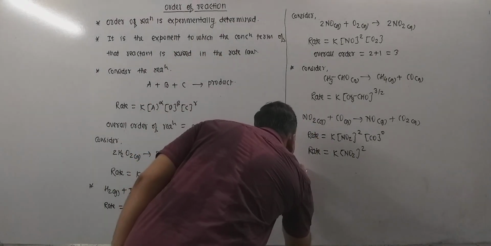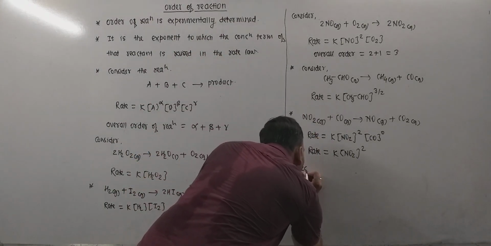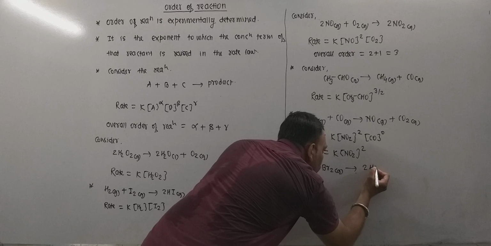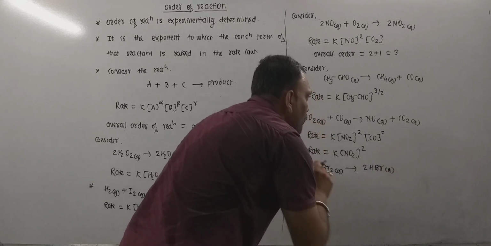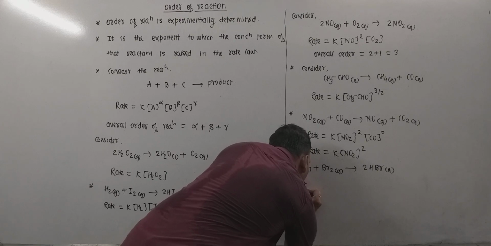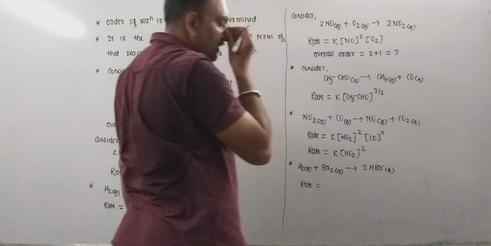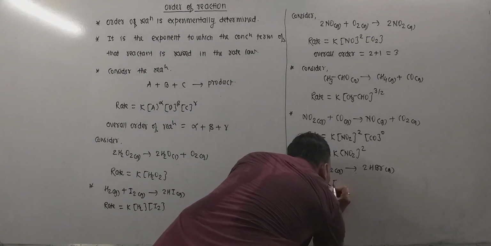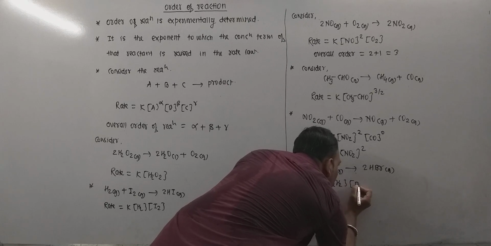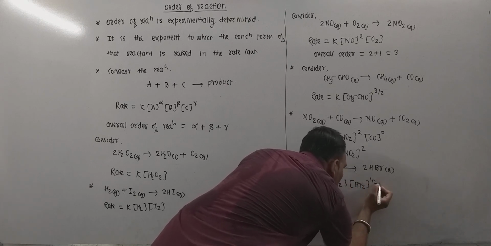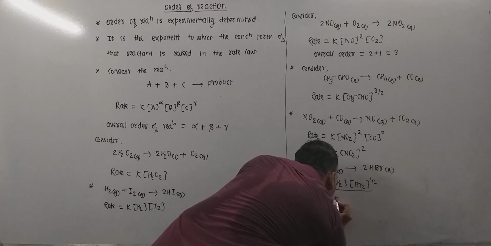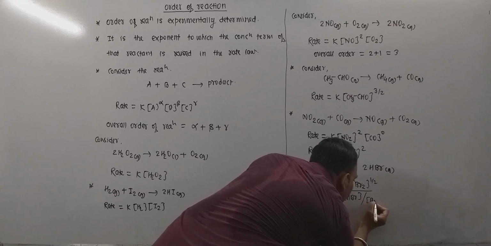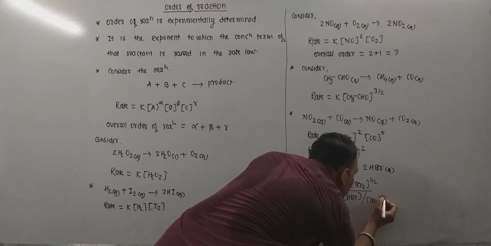Let's discuss this reaction: H2 gas plus Br2 gas gives 2HBr gas. The rate expression for this reaction is rate equal to K into concentration of H2 into concentration of Br2 to the power half, upon 1 plus concentration of HBr upon concentration of Br2 to the power m.